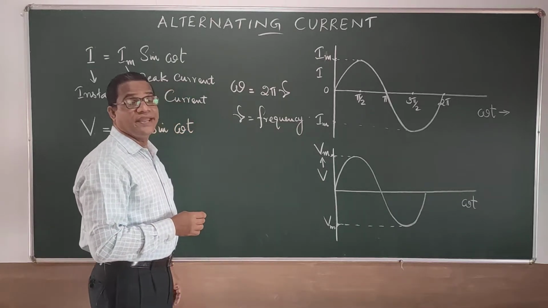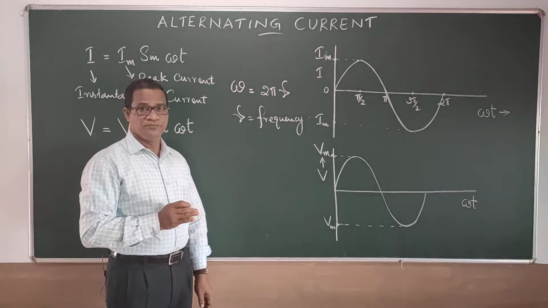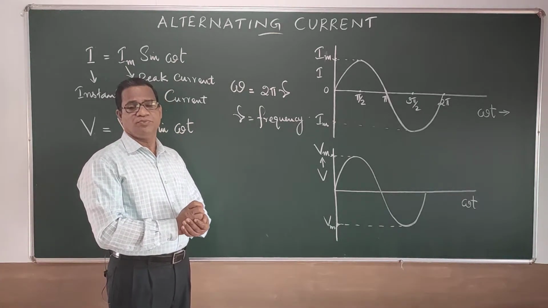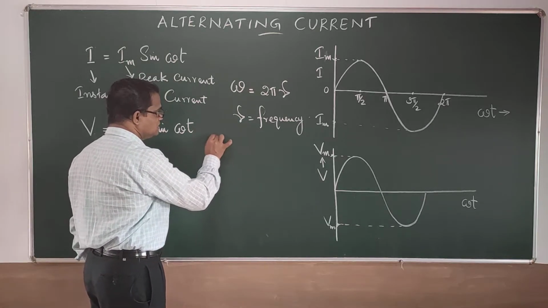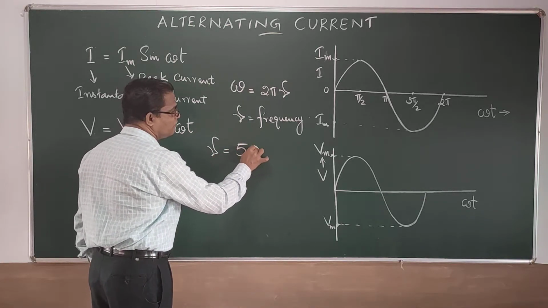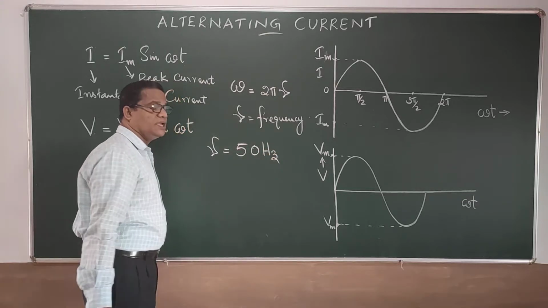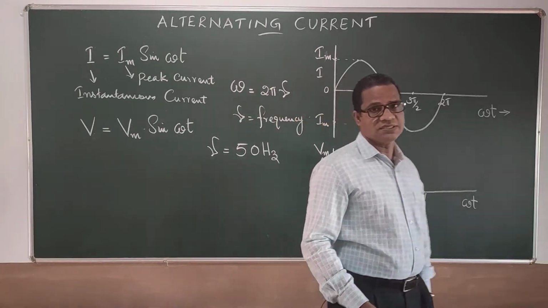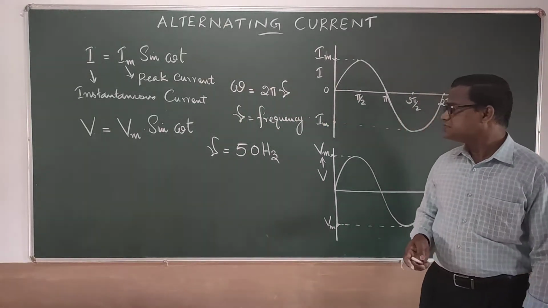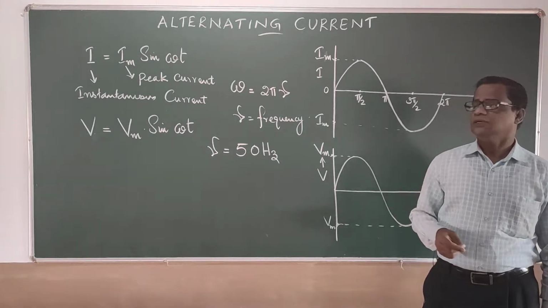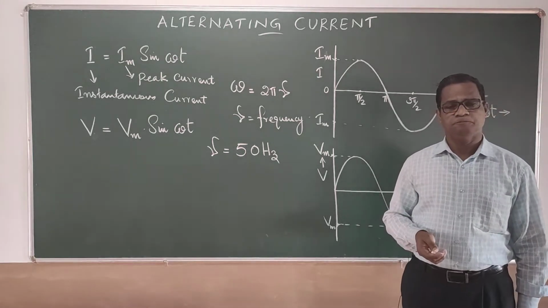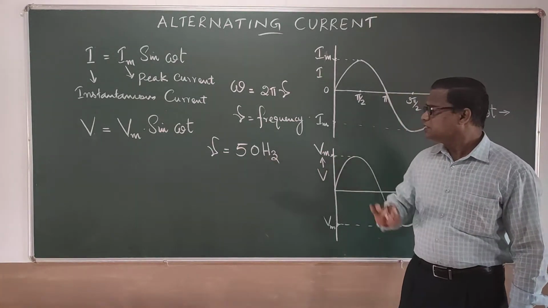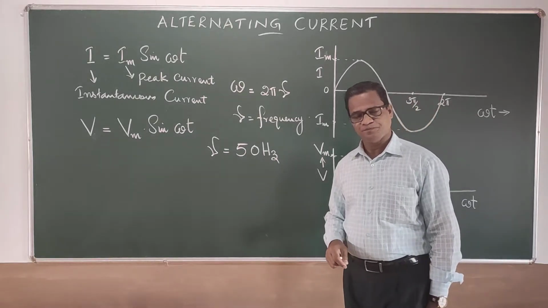In India, the transmission of AC power is with a frequency nu equal to 50 Hertz. But other countries are opting their own frequencies like 60 Hertz. It varies depending upon the country. So in India, the frequency of AC is fixed as 50 Hertz.